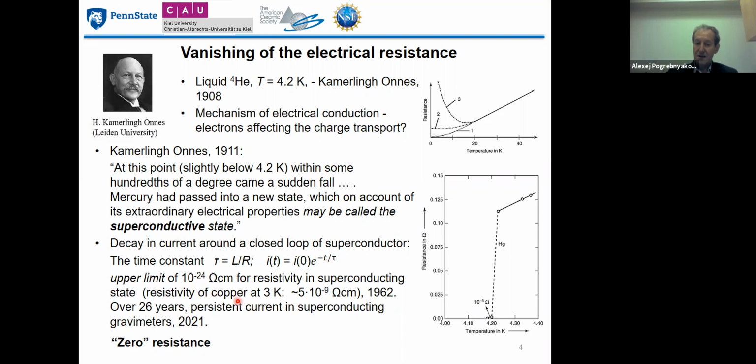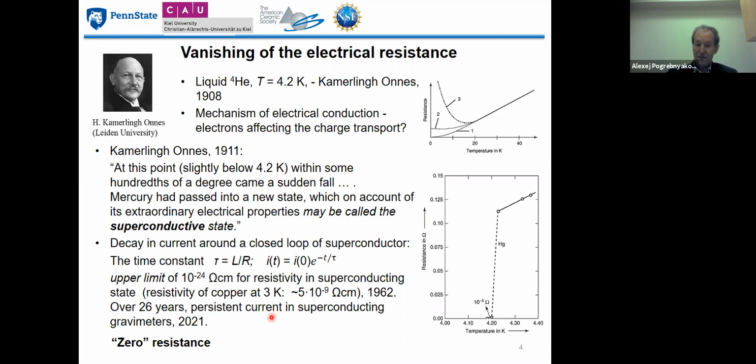For comparison, at the same temperature of 3 Kelvin, the resistivity of copper is 5 times 10 to the minus 9 ohm centimeter. So the difference between the conductivity of a superconductor and copper is similar to the difference between the conductivity of metals and insulators.